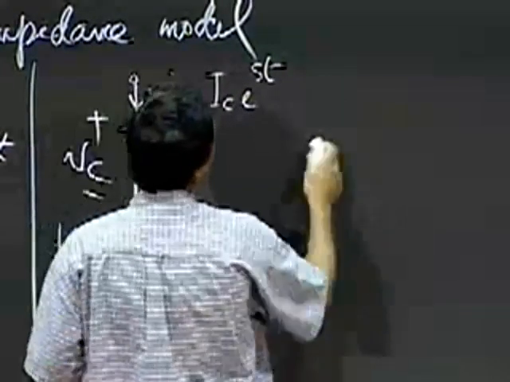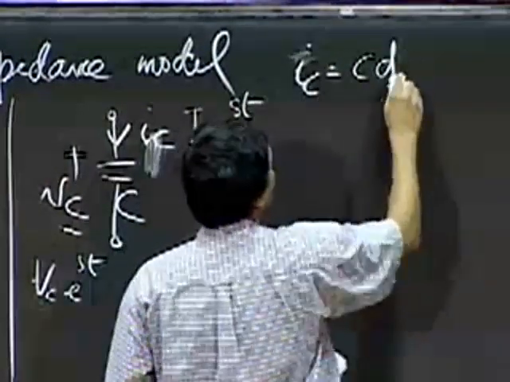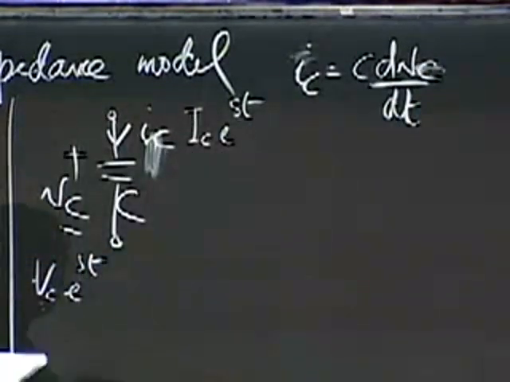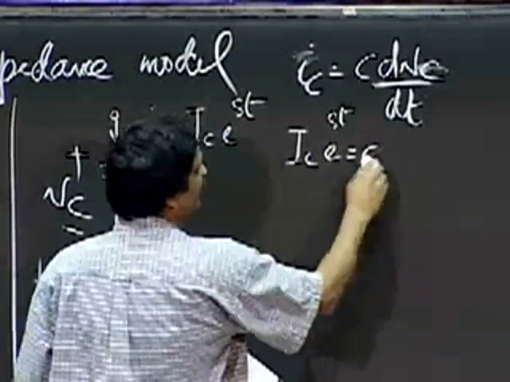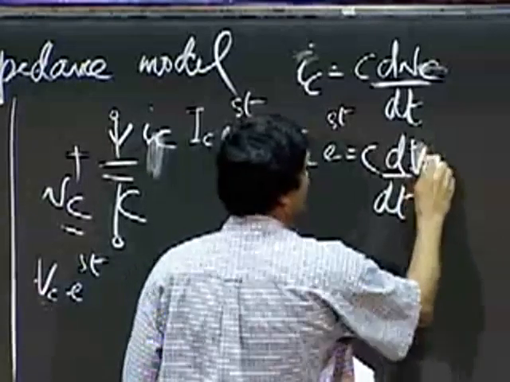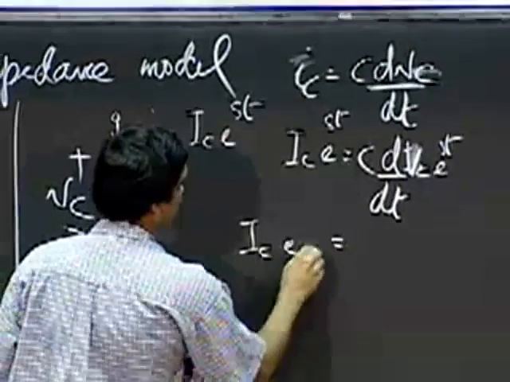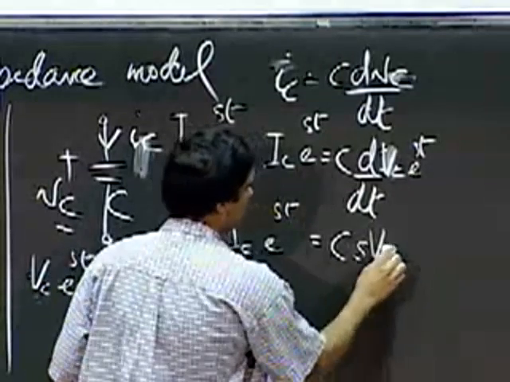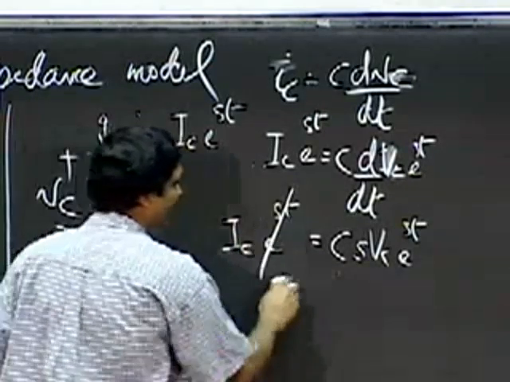I know that IC is C dVC/dt. So IC e to the st is C d/dt of VC e to the st, which is C s VC e to the st. I can cancel this out again.